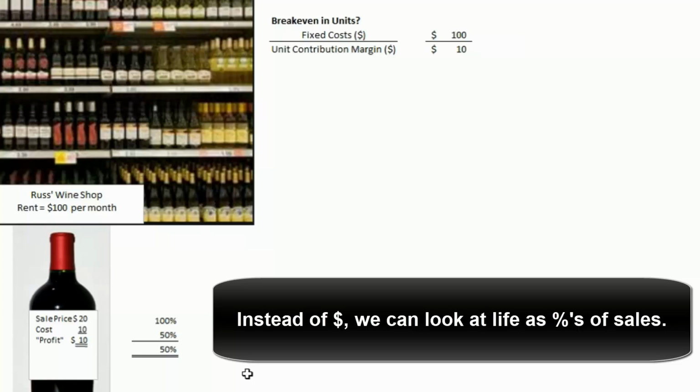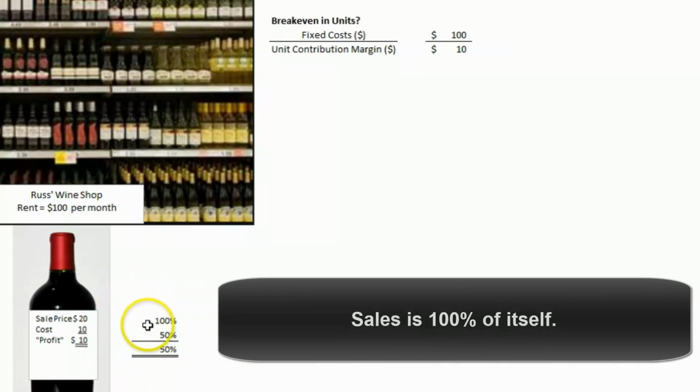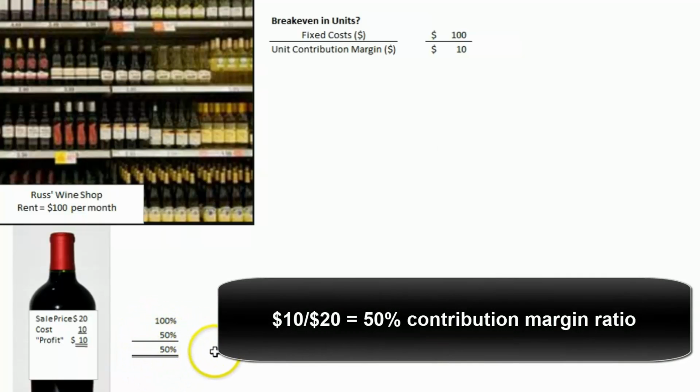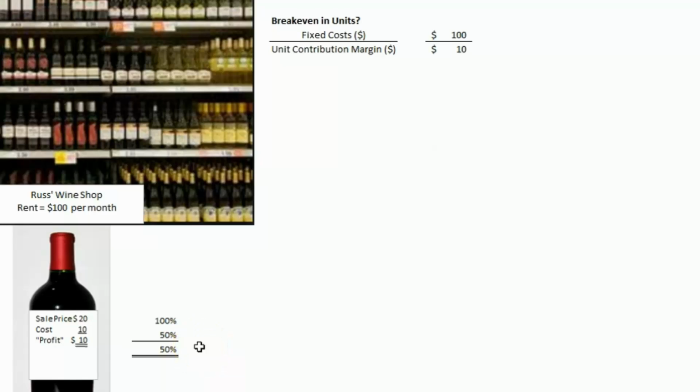Now suppose I don't want that volume expressed in units, but in dollars. What I'll do is change these numbers to be percentages. So my sales is 100%, my cost in this example is 50%, and my contribution margin ratio is 50%. So I'll do the same kind of thing.